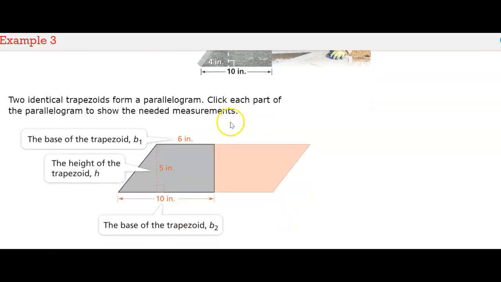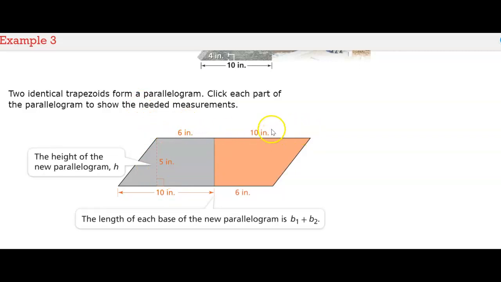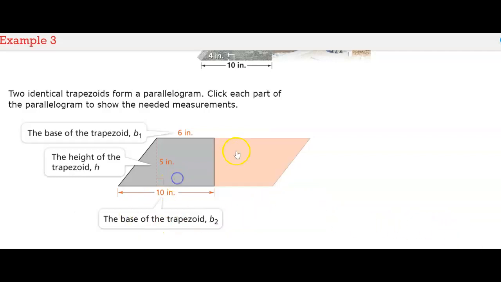And then here it says the base of the trapezoid, which I just went over. And then on the other one, you have your base and other base here as well, 10 and 6 inches. The height for both would be the exact same. So the length of the bases will be base 1 plus base 2, and that's in both cases here.